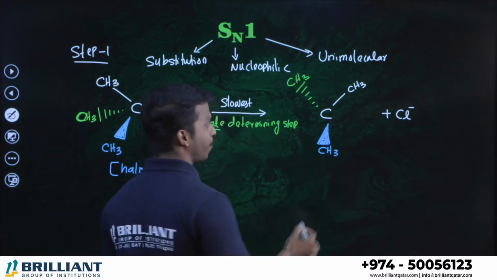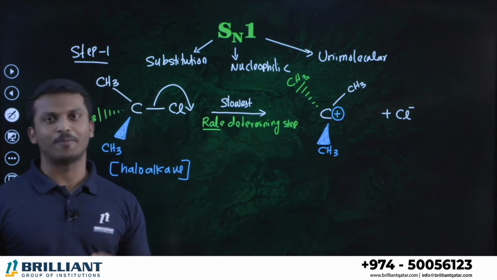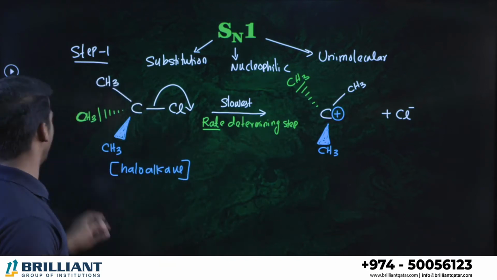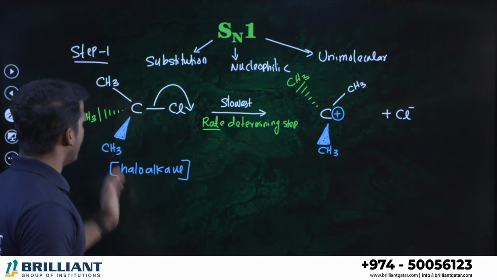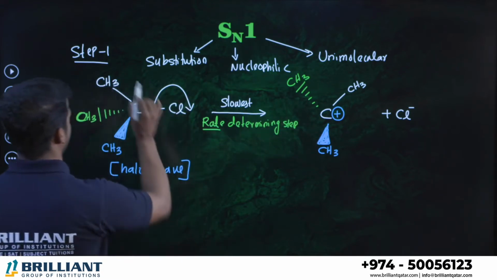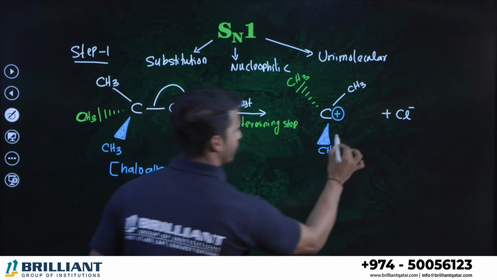What is the charge obtained by this carbon? Carbon carrying a positive charge is called a carbocation. So what is the first step in the SN1 mechanism? Removal of halogen, formation of carbocation.